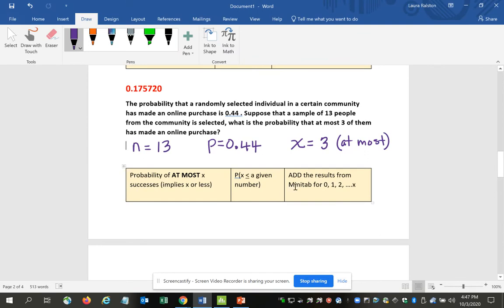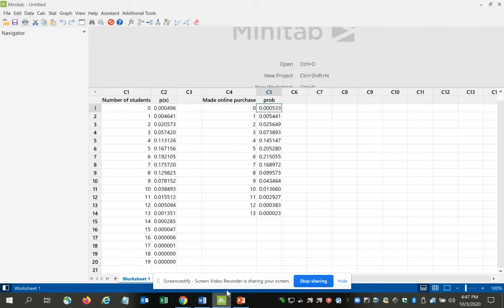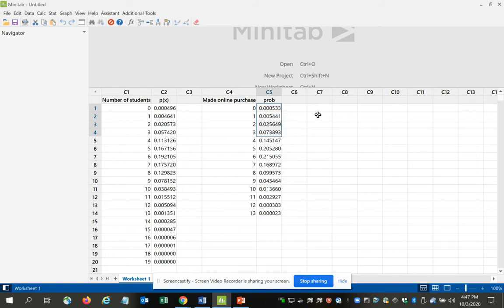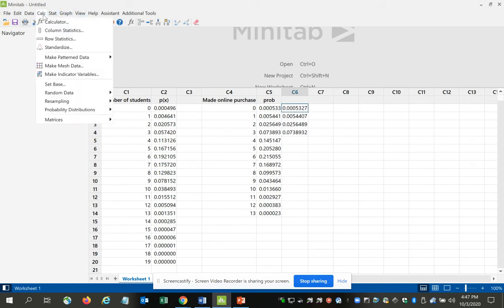All right, so I'm going back to see what I'm supposed to do. I'm supposed to add together the results from MINITAB for 0 up to the X value, and my X value is 3. So I need to add together 0, 1, 2, 3. I'm going to copy those answers over into column 6. And then I can use MINITAB to calculate those things for me.